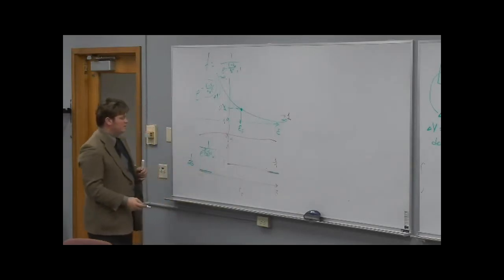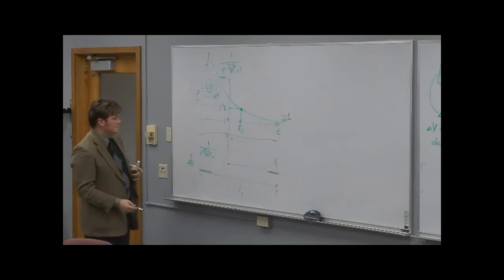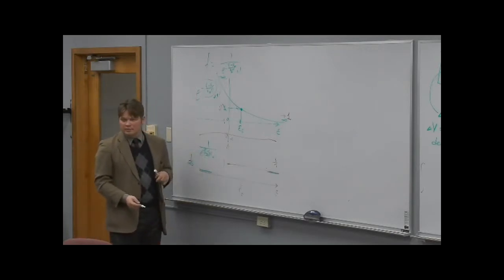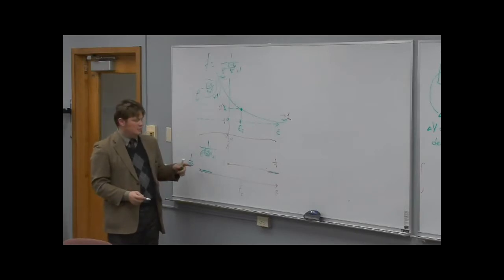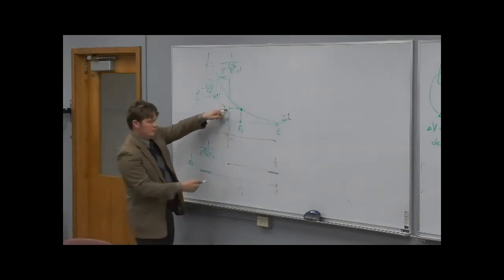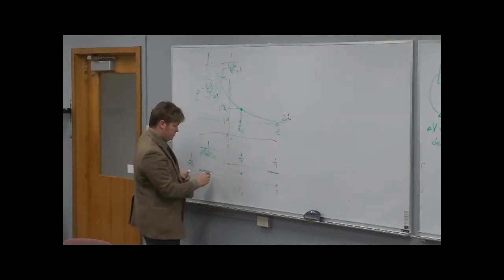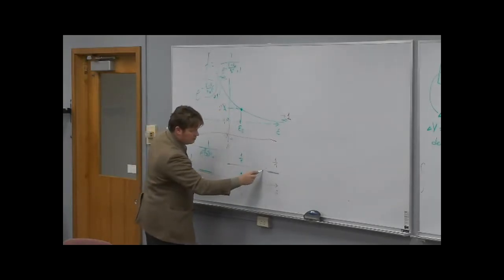If we have E equals E Fermi, we have 1 divided by 2, 1/2. And then we continuously connect these points.